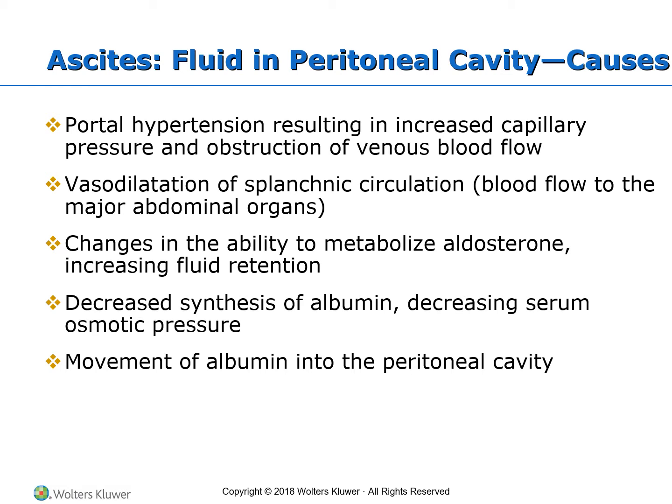But no matter what the initial cause of ascites, it turns into a perpetual cycle of imbalance with the body attempting to compensate, and then more fluid is built up in the abdominal cavity, so the body tries to compensate for that, and it actually produces more fluid. So it's just like if you have edema and your body's trying to compensate.